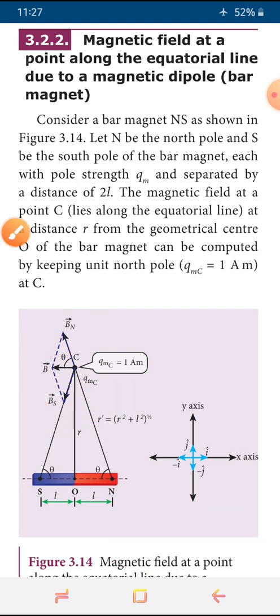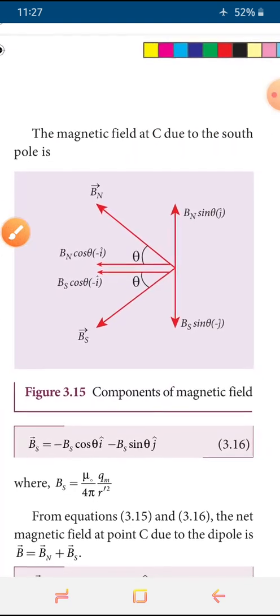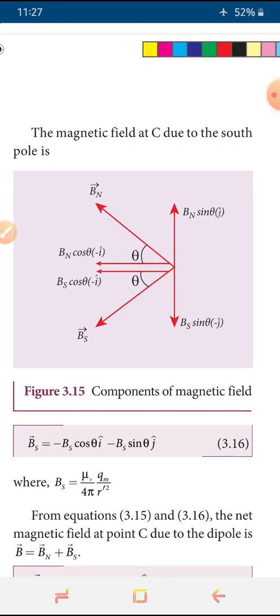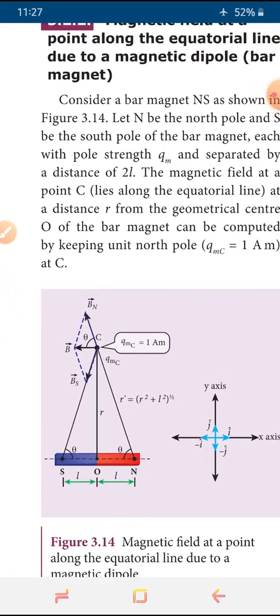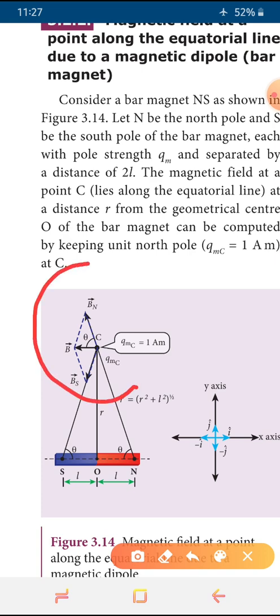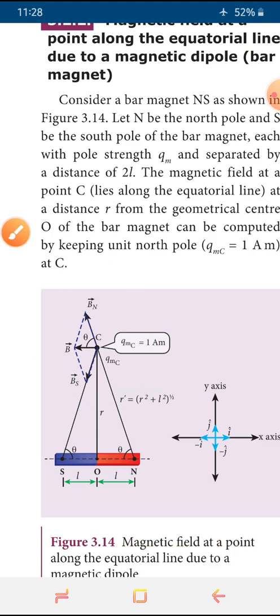Next is another diagram, figure 3.15, and this 3.15 is nothing but a zoom of figure 3.14. This area I circled is zoomed in figure 3.15. That clear representation is given in figure 3.15. Now come to the topic, the diagram of figure 3.15.